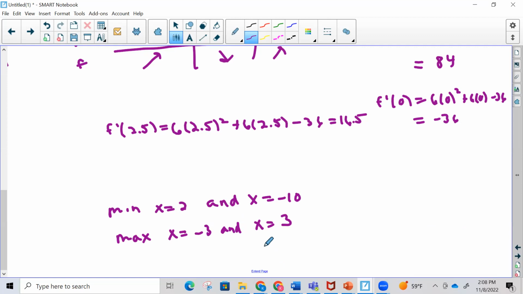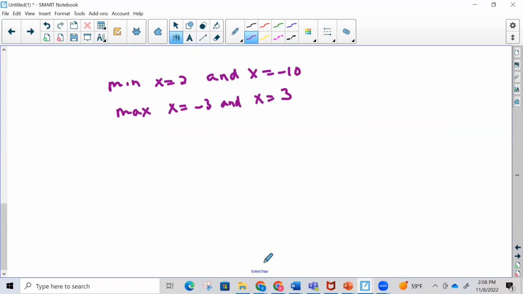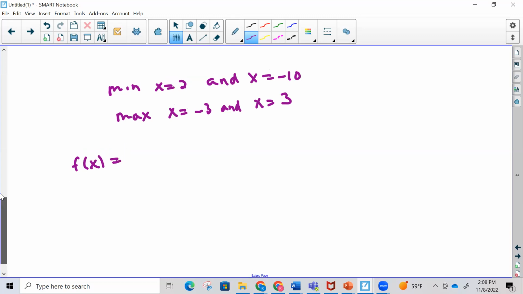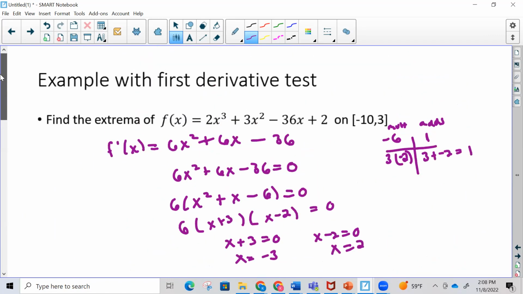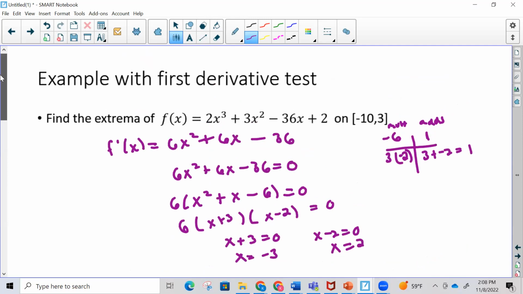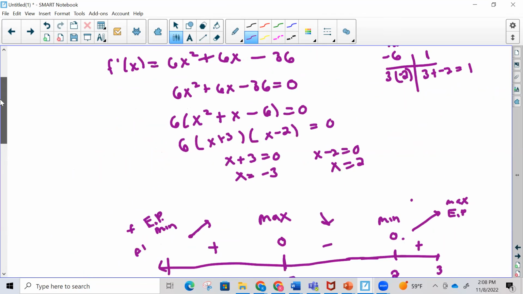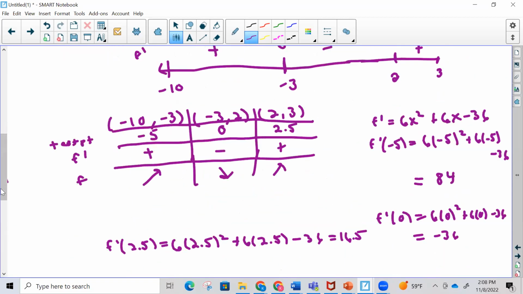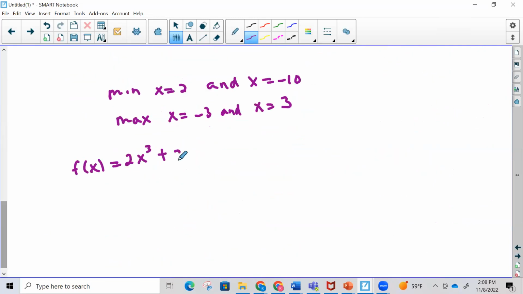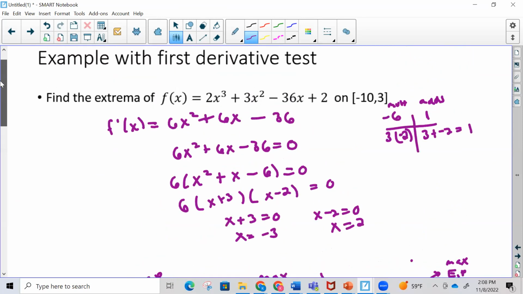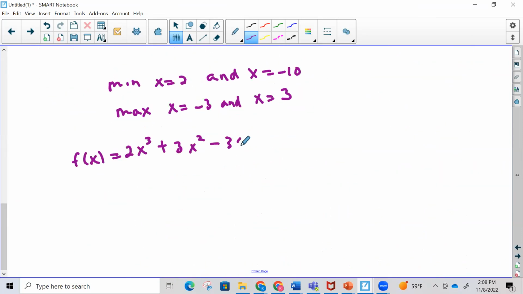Now, if they just say extrema, we also want to figure out the points, the y values. So we plug that into the original function because we want the y value. We're going to write that down, 2x cubed plus 3x squared minus 36x plus 2.